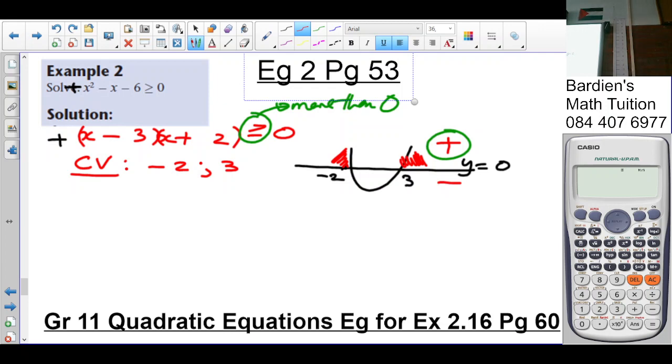Okay. So what do we say? X negative 2 or x 3. So we say x is in that direction. Are we going in the more than direction or are we going in the less than direction? Less than. So the inequality must be open or closed to the x.